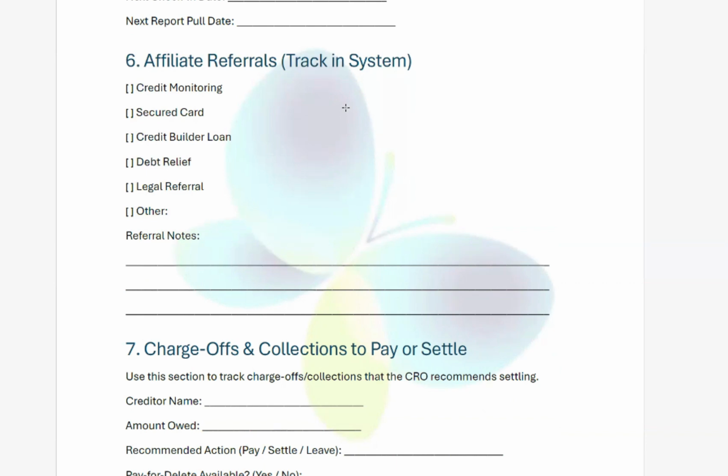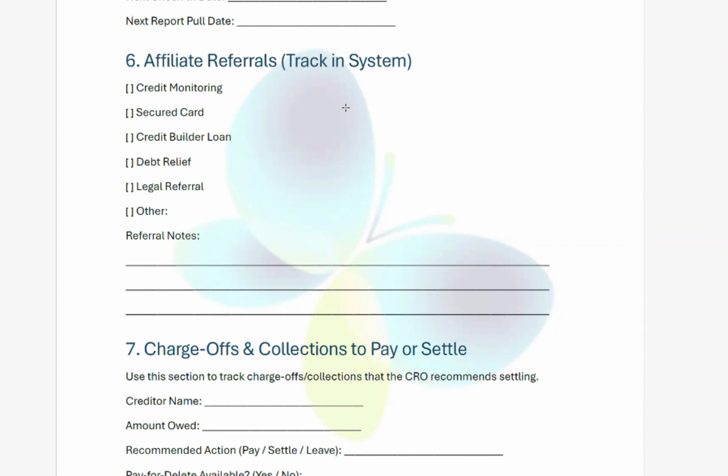Also secured credit cards. If you're not monetizing secured credit cards or credit builder loans, you definitely should be doing that. Credit Card Broker: Kimberly will put the link in there for you. If you're not already signed up with someone like that, you definitely need to get signed up with Credit Card Broker. We integrate with Credit Card Broker directly into our software.